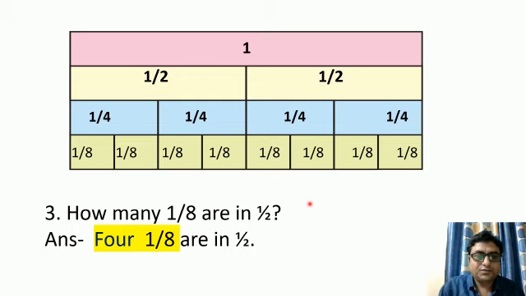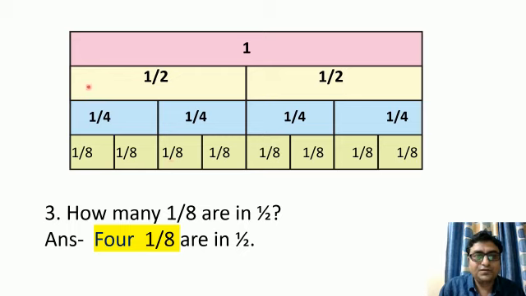Let us go to the third question. How many 1/8 are in 1/2? So let us see where is 1/2. Here is 1/2. Okay, and where is 1/8? Here is 1/8. This whole portion is 1/2 and it is divided into four parts. 1, 2, 3, 4, means 4 1/8 makes 1/2.